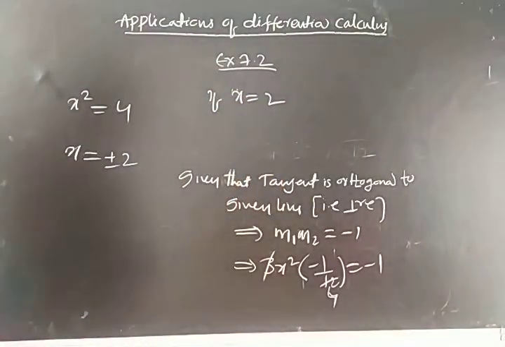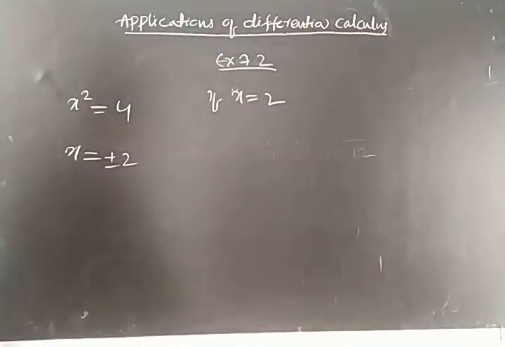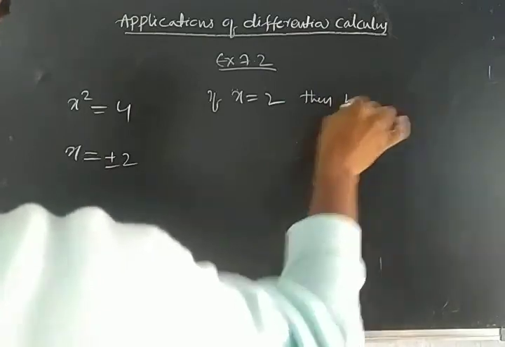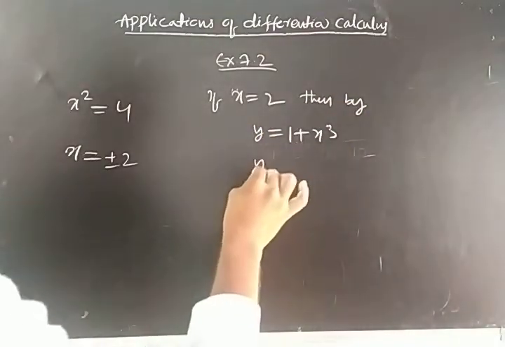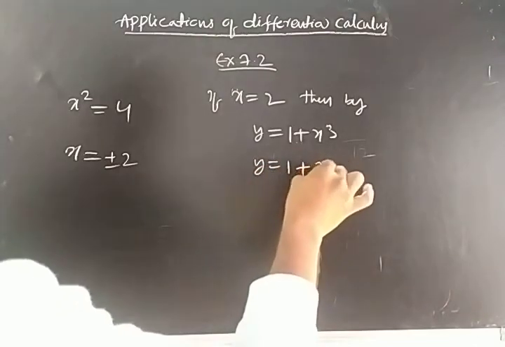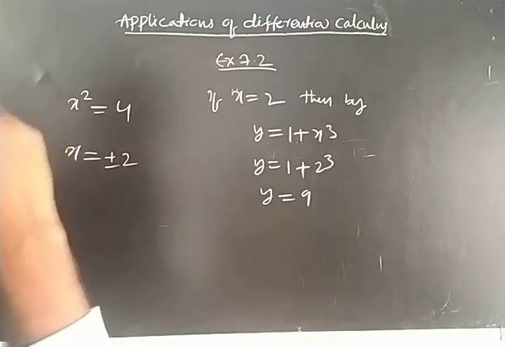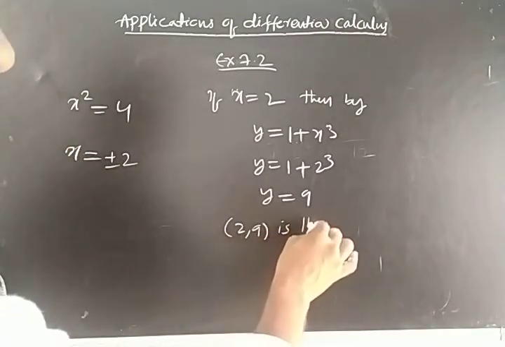If x equal to 2, then by the curve y equal to 1 plus x cube, y equal to 1 plus 2 cube, y equal to 9. So (2, 9) is a point on the curve.